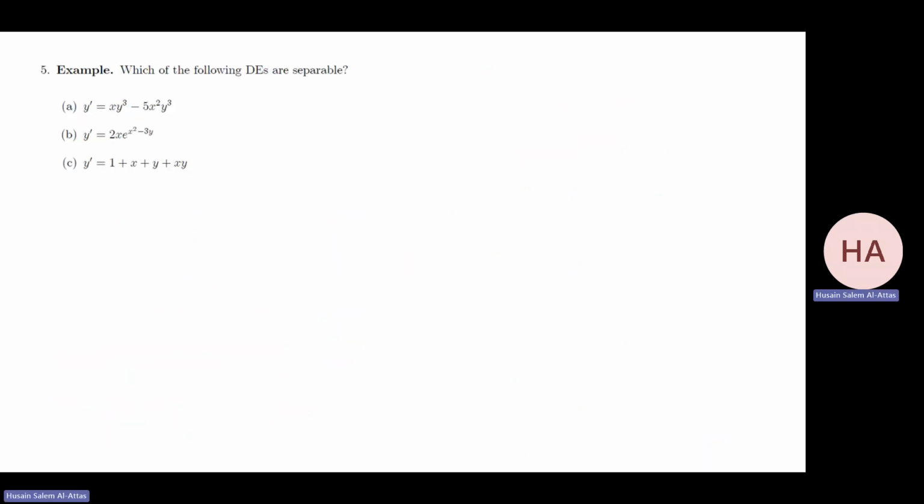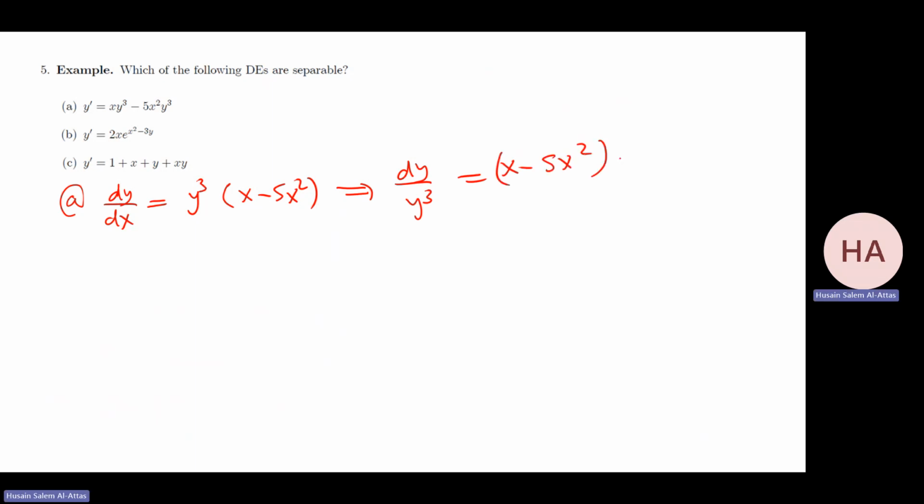Which of the following differential equations are separable? Can I separate them or not? Let us see. A: dy over dx equals... I have y cubed as a common factor, the remaining is x minus 5x squared. So that gives me dy over y cubed equals (x minus 5x squared) dx.